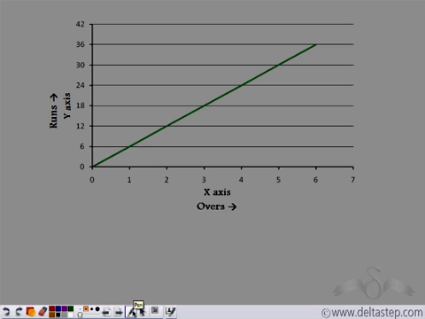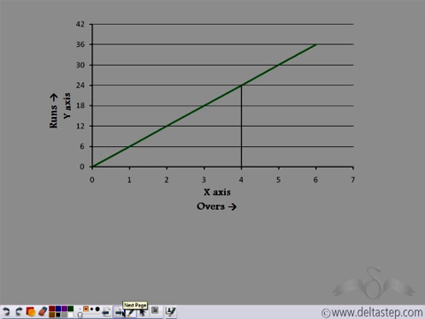For that, I want to see how many runs are scored after the fourth over. Now since overs are represented on the x-axis, this is the fourth over. What is the point on the graph corresponding to this fourth over? We draw a line from the x-axis to the graph. So this point on the graph corresponds to the fourth over.